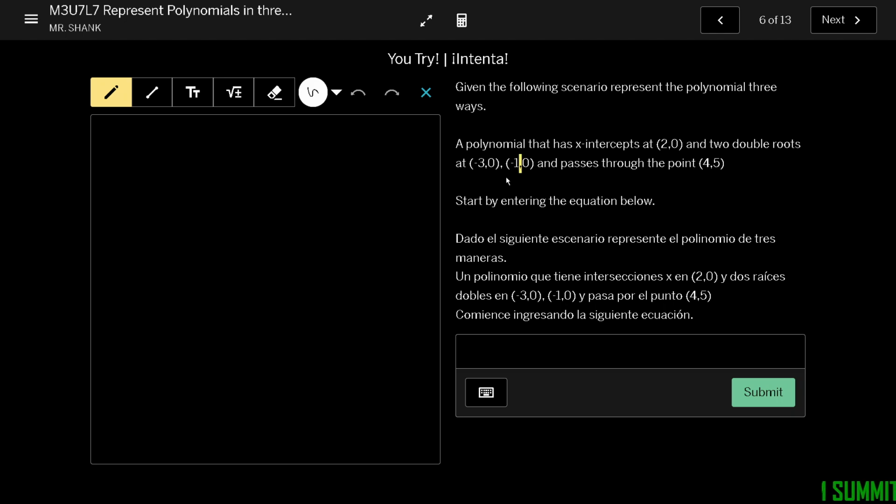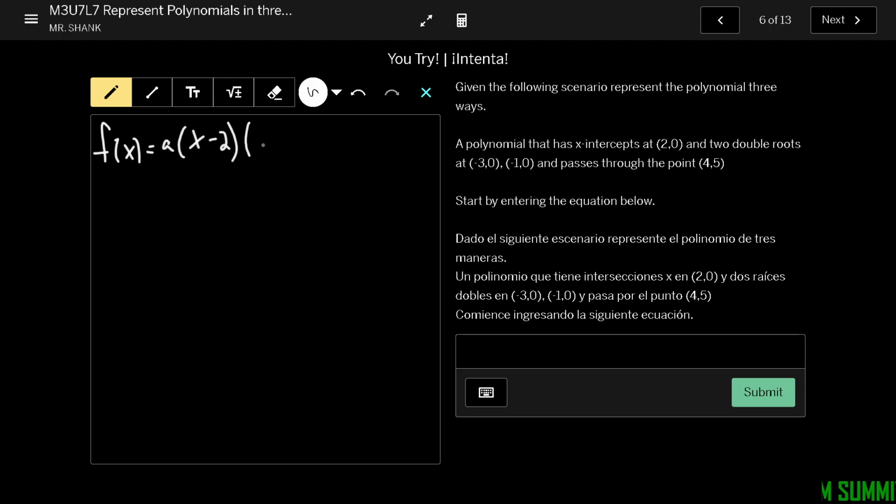Since it has a double root. So it says a polynomial has x-intercepts at 2, 0, 2 double roots at -3 and -1, and it passes through that point. So I'm going to say my general equation to start is going to be equal to, I'm going to say I don't know what A is, but I have x minus 2 because I have x plus 2 in my point, and then I have 2 double roots.